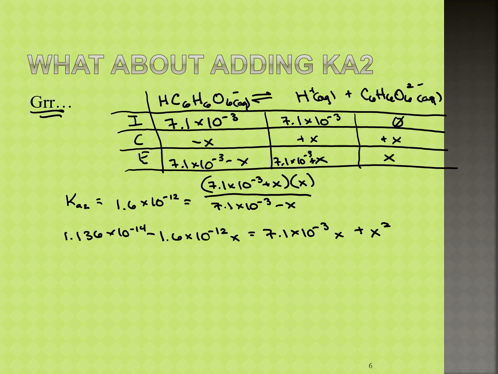All right, so we're going to continue to do some algebra here. I'm going to get X squared plus 7.1 times 10 to the minus third X minus 1.136 times 10 to the minus 14th is equal to 0. So this is a quadratic no matter how we want to do this. That should be an X in there, sorry. And so we find our quadratic. I get X is equal to 1.6 times 10 to the minus 12th.